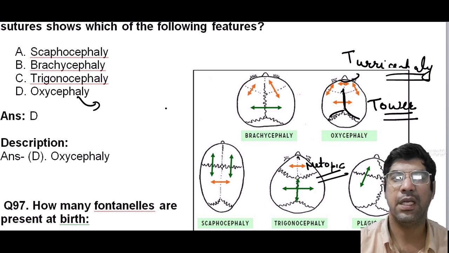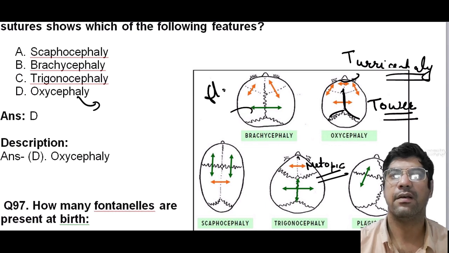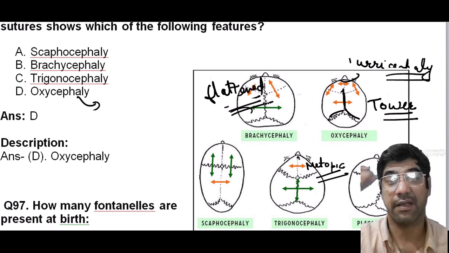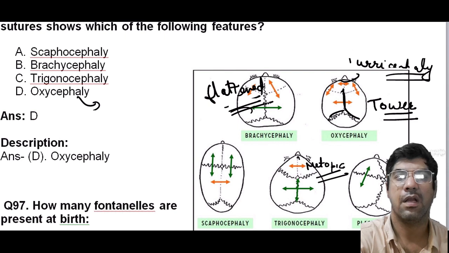Brachycephaly is due to premature fusion of the coronal suture. That fusion can lead to a skull that is short from front to back, giving a flattened appearance at the back of the head.